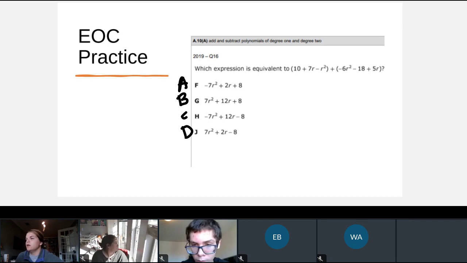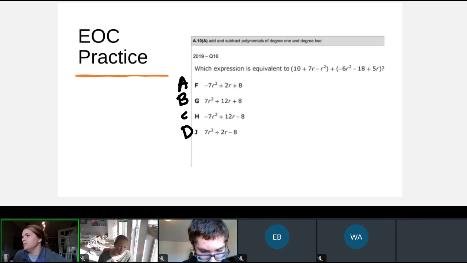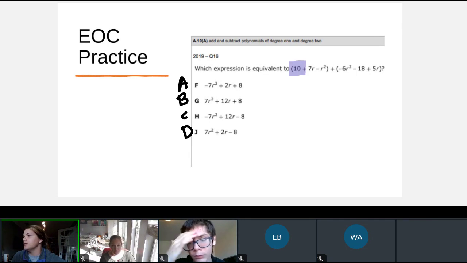Alrighty, so which expression is equivalent to 10 plus 7r minus r squared plus negative 6r squared minus 18 plus 5r? The first thing I'm going to do is color or highlight my like terms.